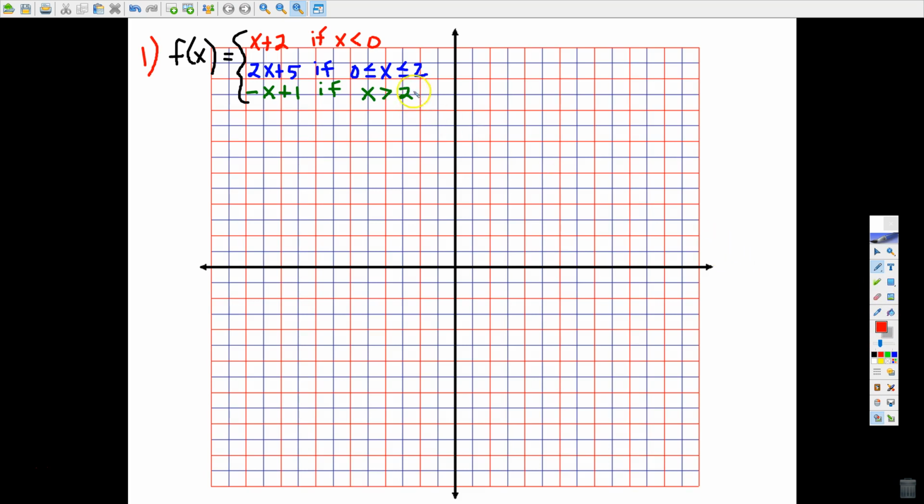Let's take a look at what this first piece looks like. It's a line, y equals x plus 2. So it would start here at 2 on the y-axis, and it has a slope of positive 1. But I notice that this particular line is only going to be defined for x values that are less than 0.